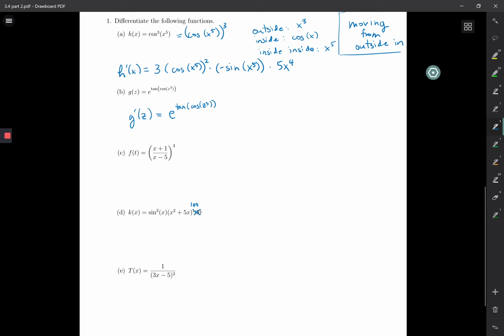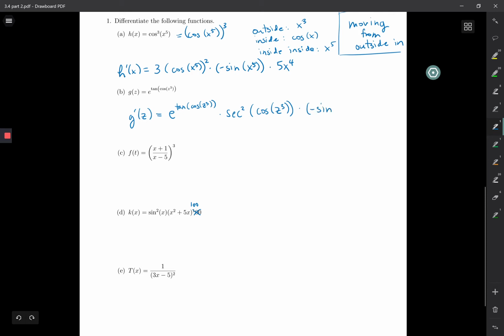My next thing, the next largest thing going on is this tangent. So the derivative of tangent is secant squared, right? And then what's inside of the tangent, I keep that inside of my derivative. So cosine of z cubed, right? And then I have cosine, that's the next biggest thing. And cosine, the derivative is negative sine.